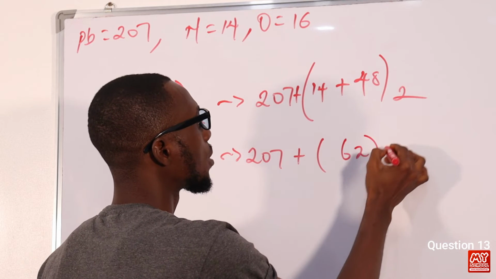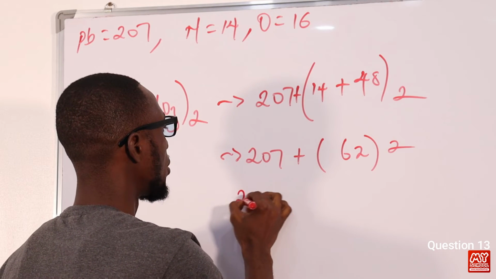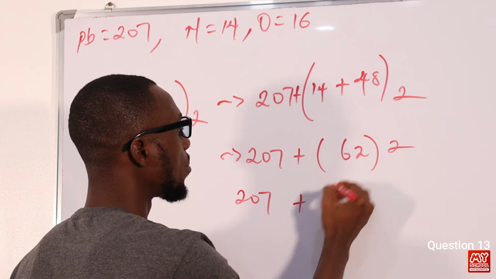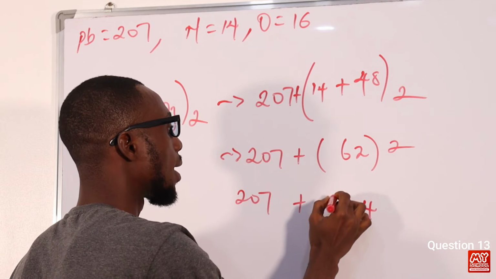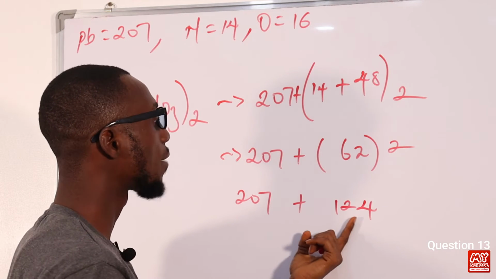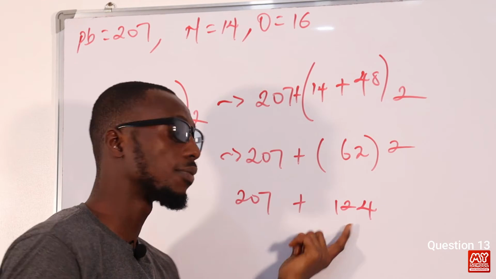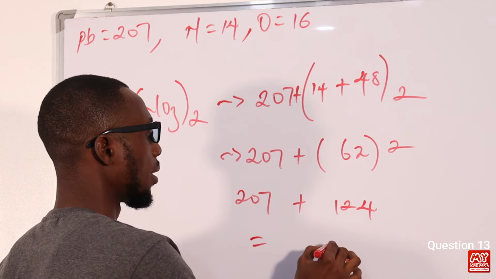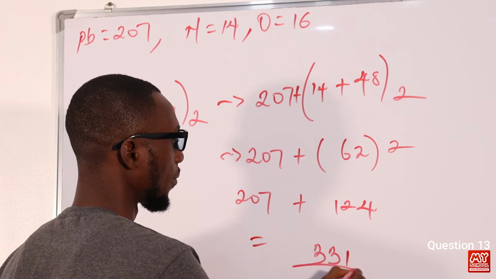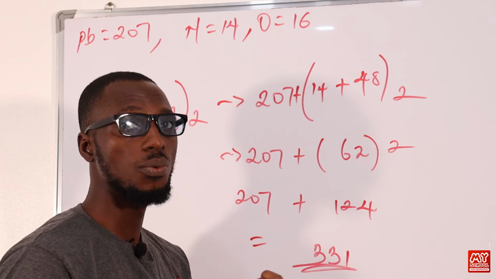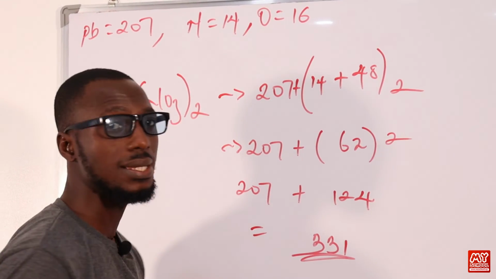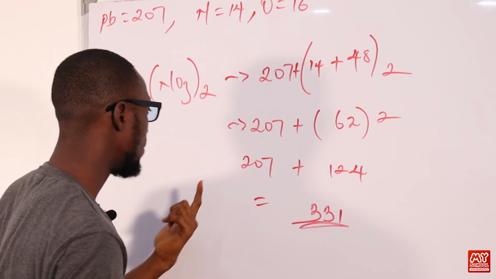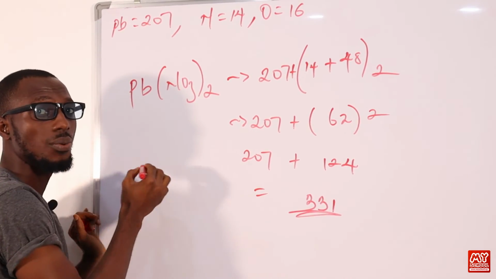So 62 times 2, that is 124. So 207 plus 124, that should give us 331.